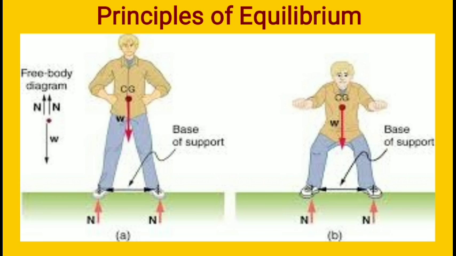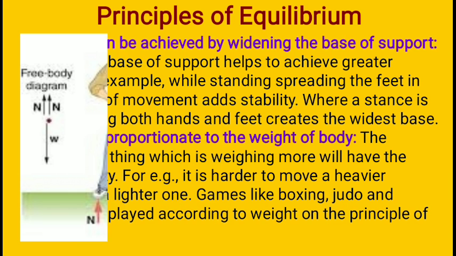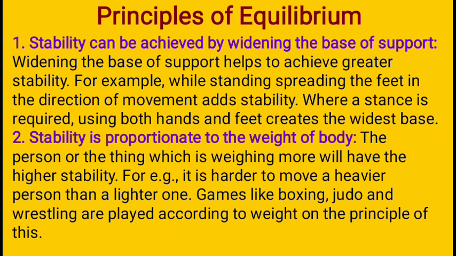And the higher the center of gravity, the less support or balance there will be, and the person may fall. Mostly it is seen that the center of gravity in females is lower. That's why stability is more in females as compared to males. That's why in gymnastics you have seen that most of these events are performed by female athletes. Clear?